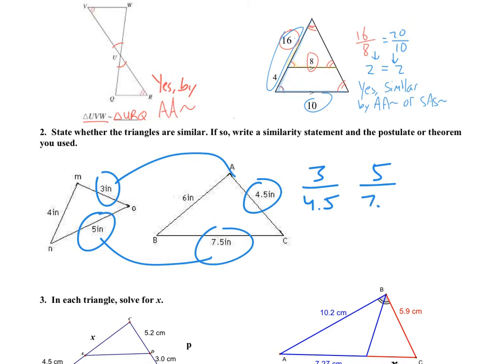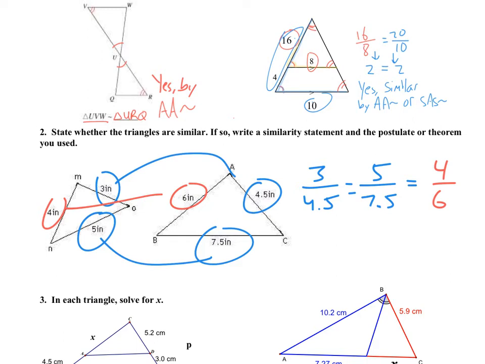5 over 7.5. Okay. And then the last but not least, we have this 6, which is the largest, corresponds to that 4. So a small. Okay. You always want these in the same order. These are all small, large, small, large, small, large. If you want to flip them all, go right ahead. But they all need to be in the same order, whether it's small or large or the other way around, okay?